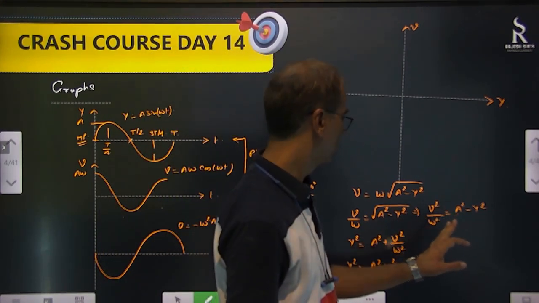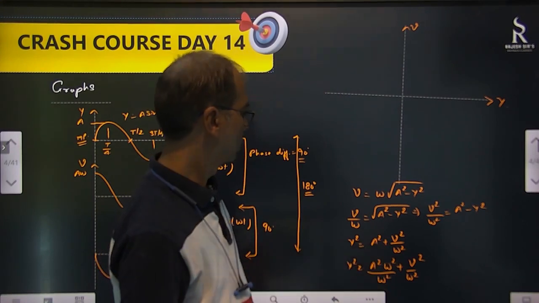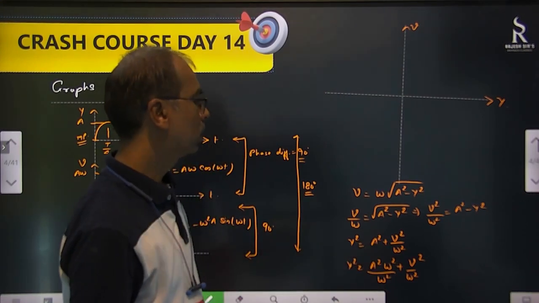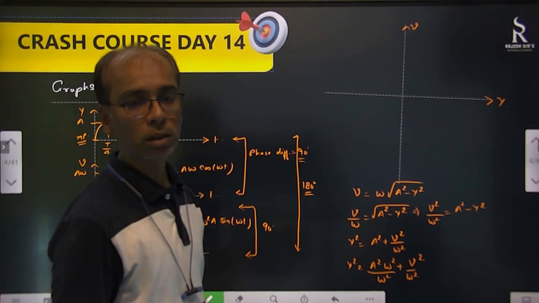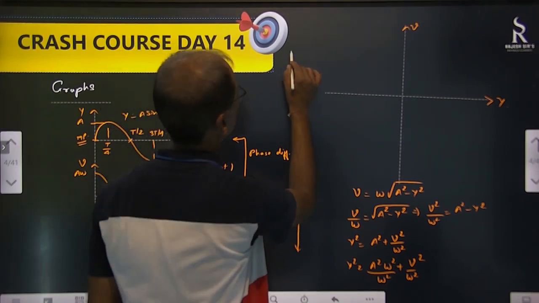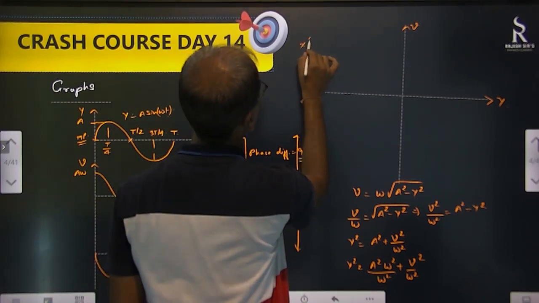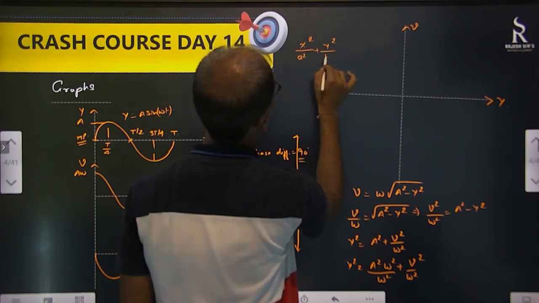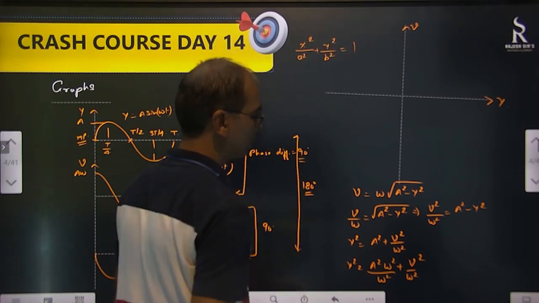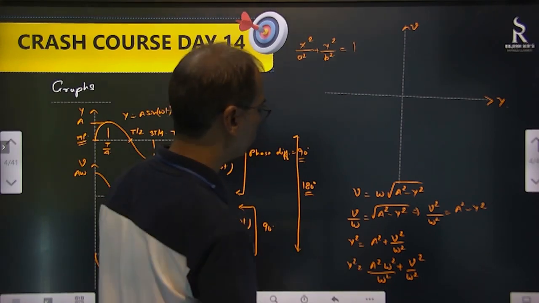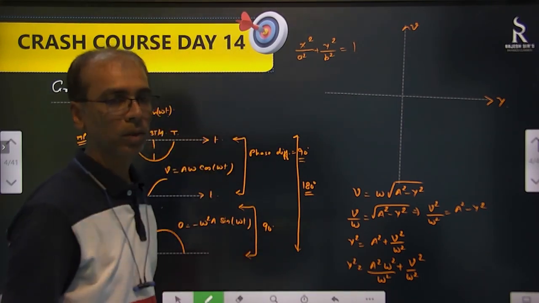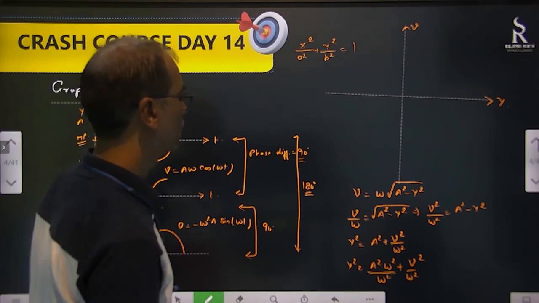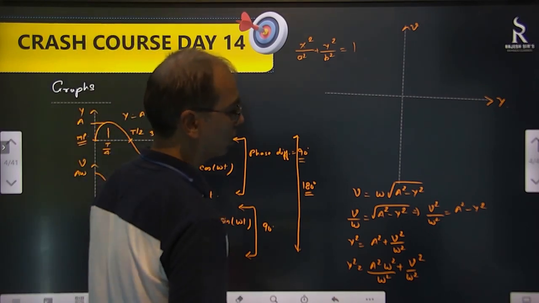V square by omega square, fine. In this one, what type of equation is this? This is actually an equation something like x square by a square plus y square by b square equal to 1. This is the ellipse equation. We can convert this in the same form. How? Just see.